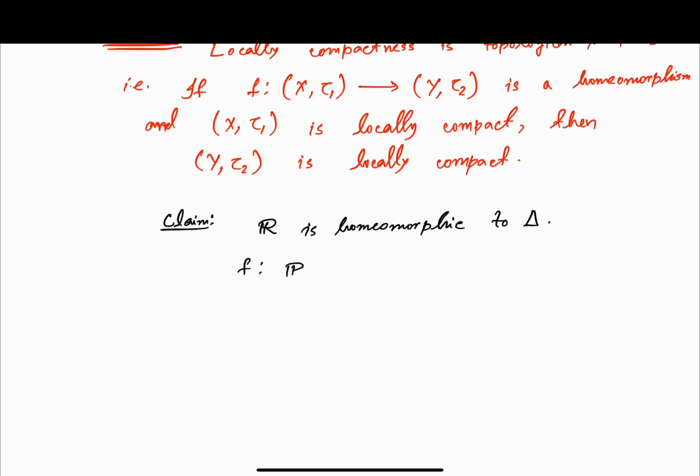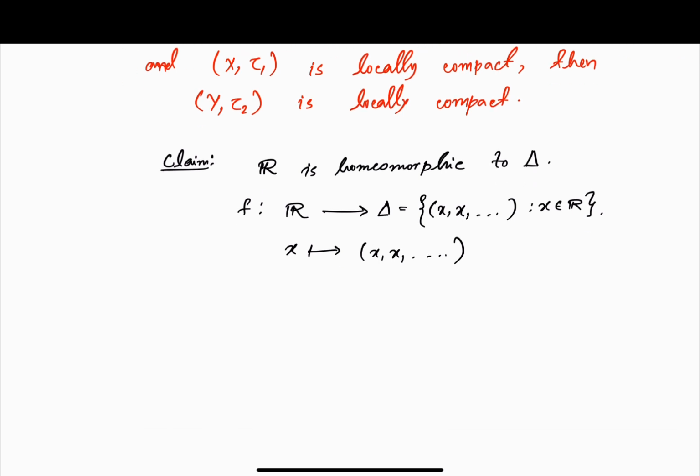So let's define this map from R to delta, which is basically the diagonal. x goes to (x, x, x, ...), right?